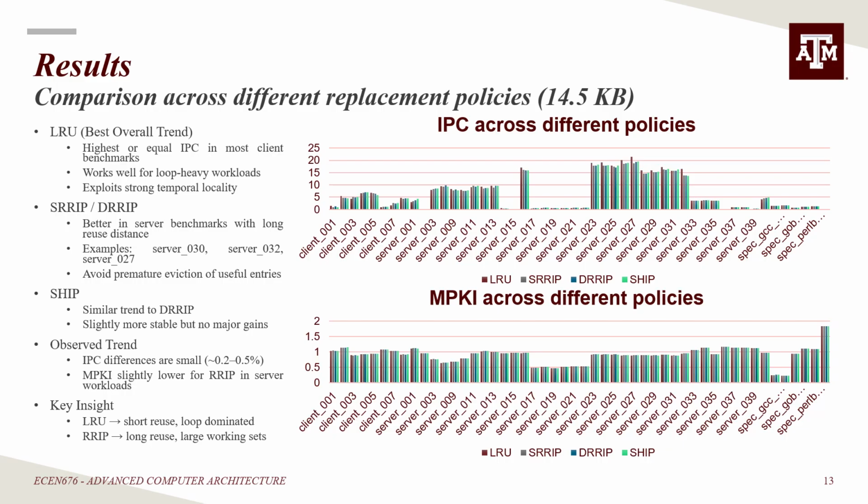Even then, the improvements from SRRIP and DRRIP are very small, around 0.2 to 0.5% IPC, and MPKI differences are also marginal. So the key takeaway is that LRU works best for short reuse, loop-based workloads, while RRIP works better for long reuse, server-style workloads. But overall, the replacement policy impact is small compared to the structural improvements that we saw in the previous slide.